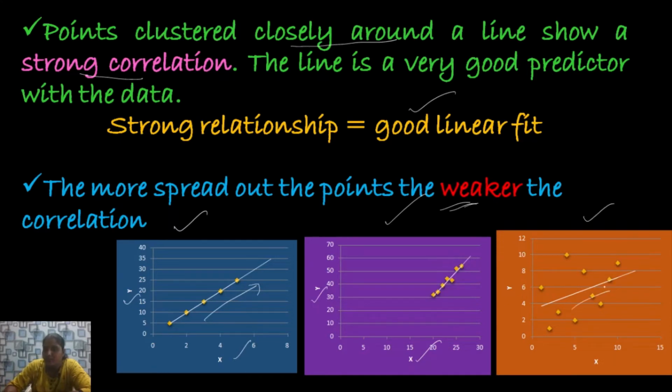There is an upward movement here, and points here are clustered much away from the line. So this shows there is a weak relationship between the two variables. So based on the scatter diagram, we may get the idea about both the direction and strength of the relationship between the two variables.